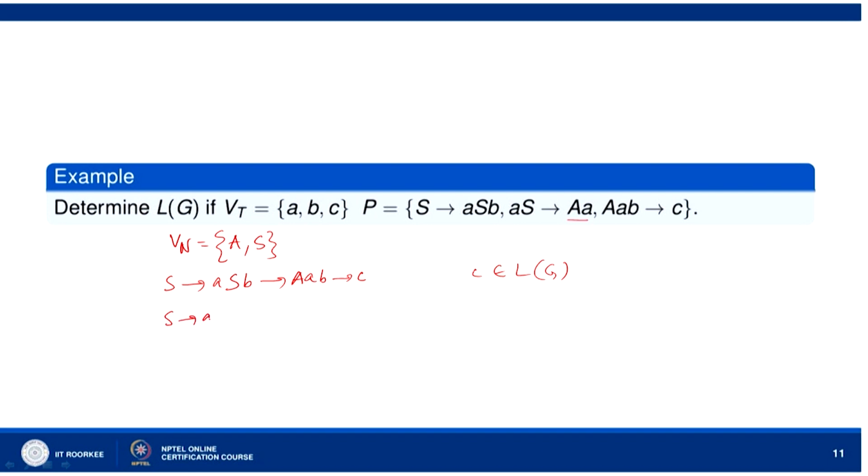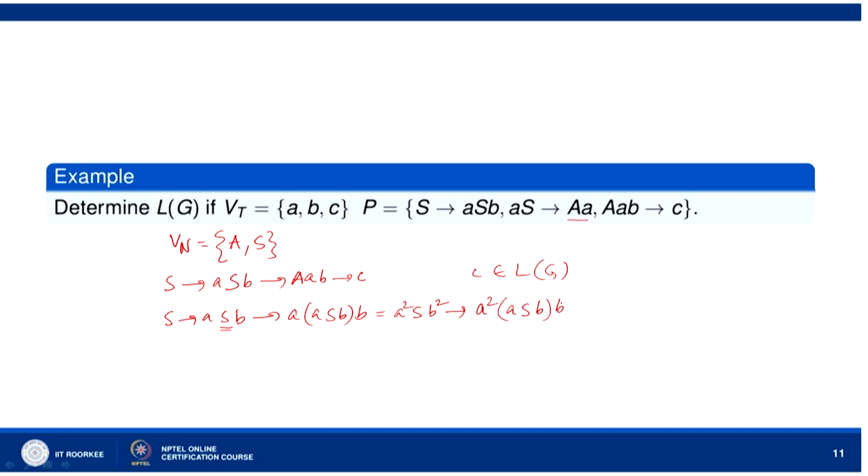Then what I will get is a square S b square. Now I can use S goes to a S b again.